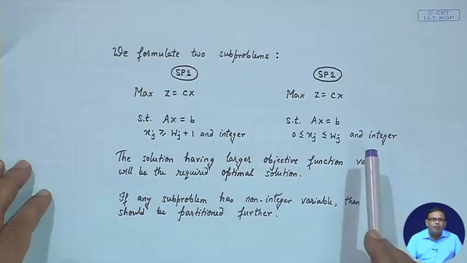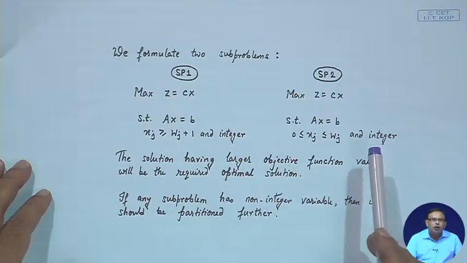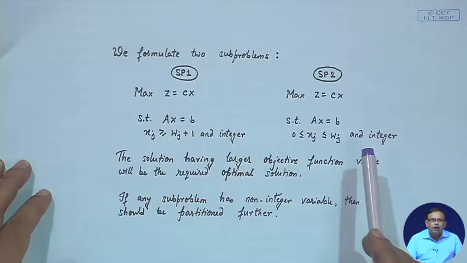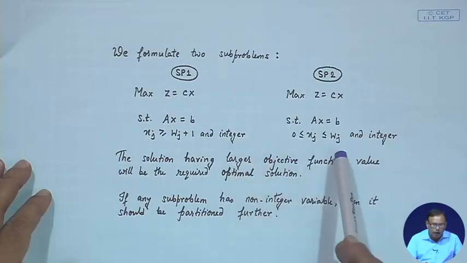So, whenever I get the lower bound and the upper bound of a non-integer variable in the basis, I make two conditions, x j less than equals w j and x j greater than equals w j plus 1, and from there we formulate two subproblems, SP1 and SP2.